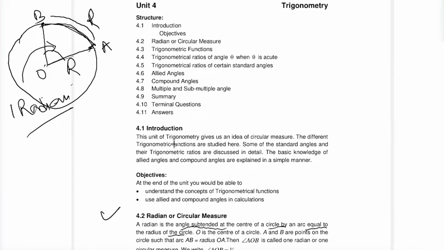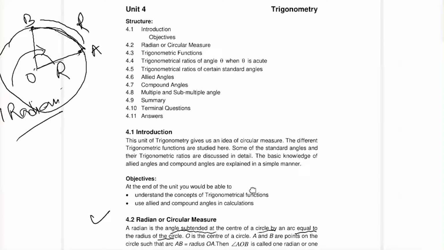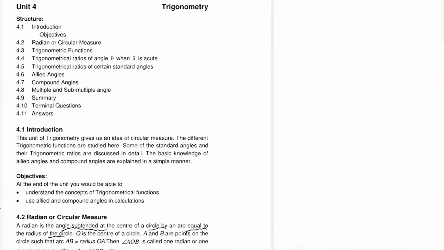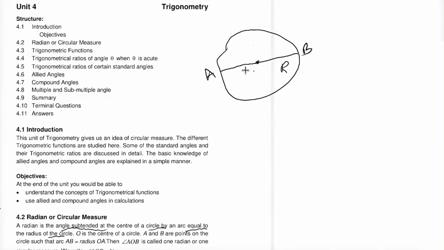So let's see what is the relation between radian and degree. Let's say there is a circle, and this is radius r. Just draw a line passing through the center, and obviously this is the diameter AOB.